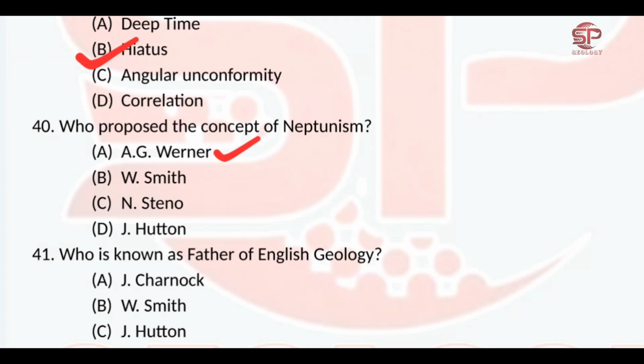On the other side, there was another group that gave the theory of Plutonism. They said that all rocks were formed by fire. So there are two theories, Neptunism and Plutonism. One said all rocks are formed by precipitation, the other said all rocks are formed from fire. So Werner gave the concept of Neptunism.